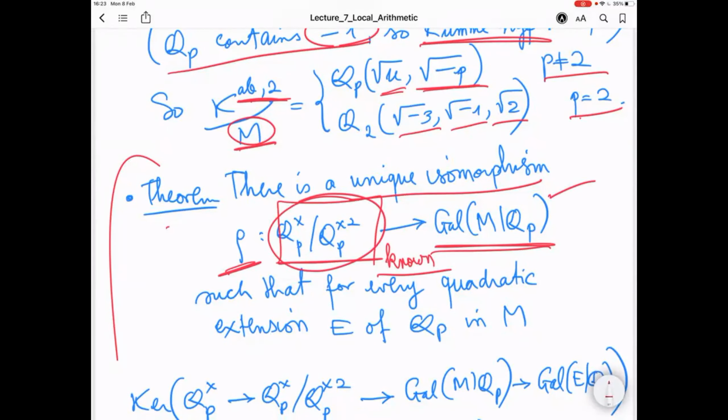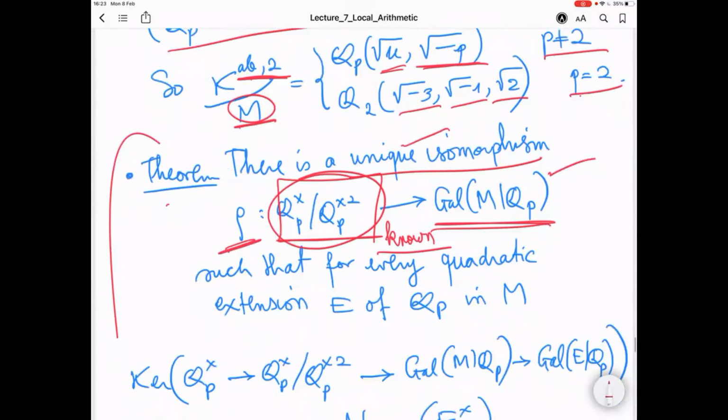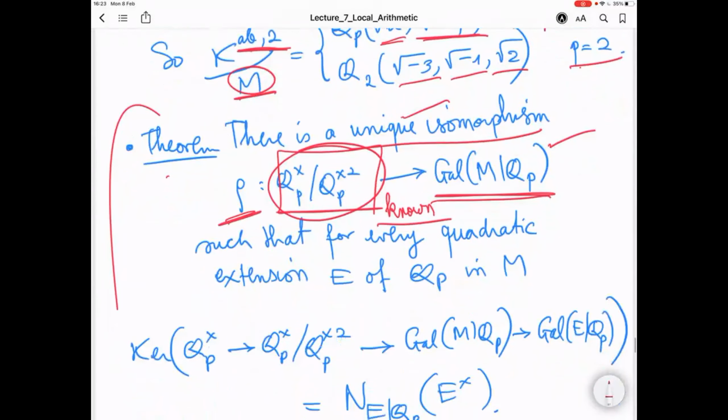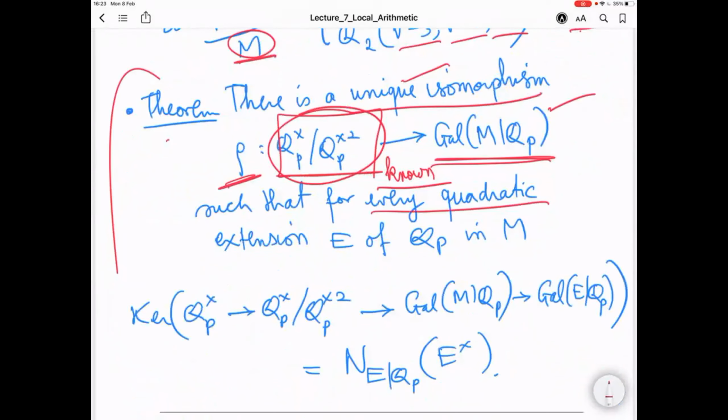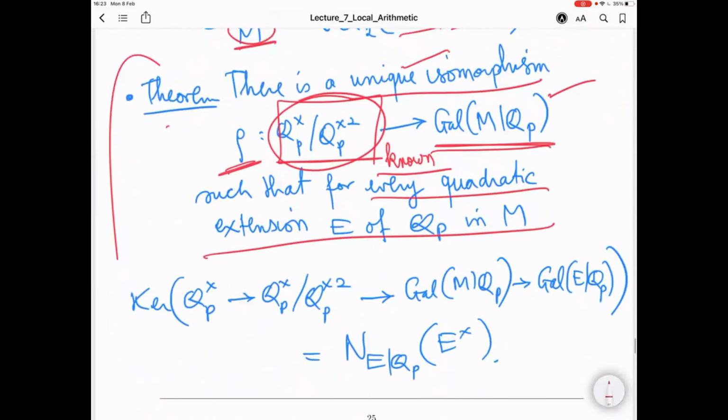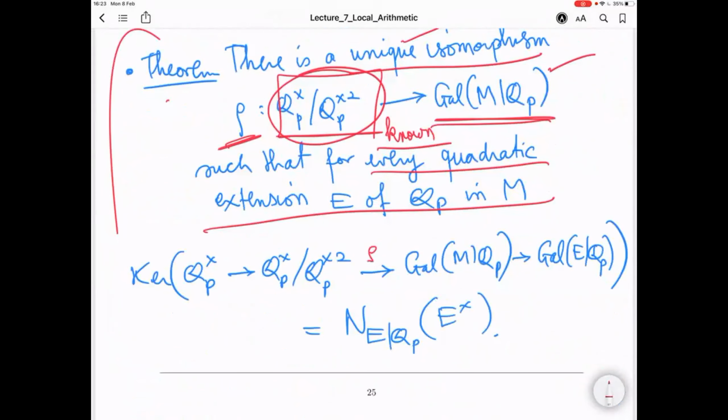And the theorem is that there's a unique isomorphism which has the following property, such that for every quadratic extension E of Q_p in M, this is the isomorphism rho here.